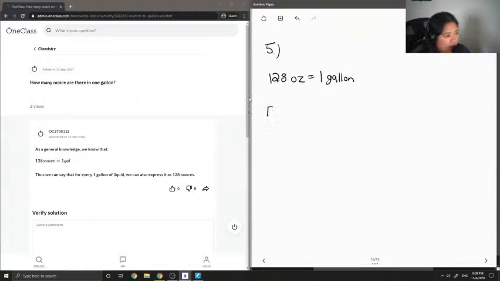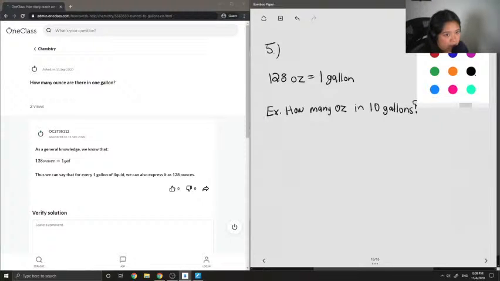Let's just have an example of putting this into a real life situation. Let's say we wanted to know how many ounces in 10 gallons. So I'm going to first put whatever units I'm looking for on the top.